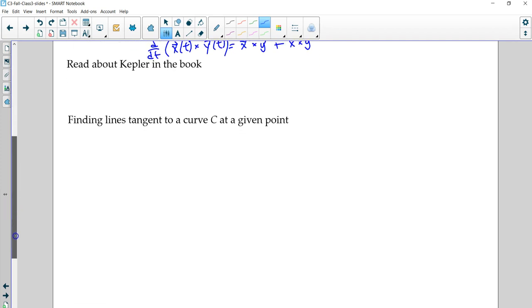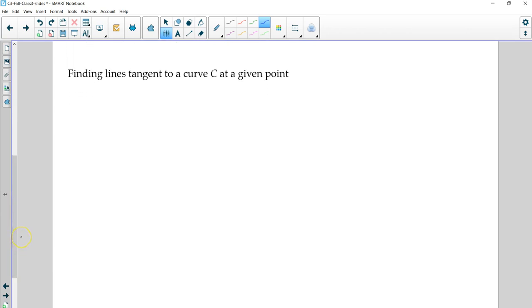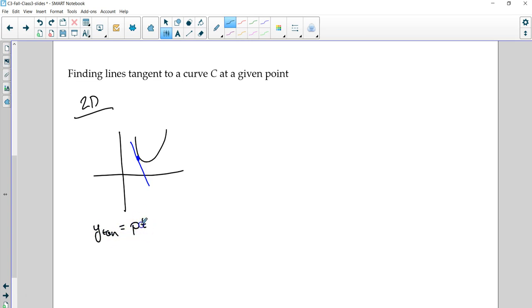And then the last little note I have is just about finding tangent lines to a curve. So if we think back to 2D, again, just for a minute, and if we had a curve, we found the tangent line by saying, okay, well, if we wanted the tangent line, we needed to know the point, and then plus a slope times x, roughly, right?